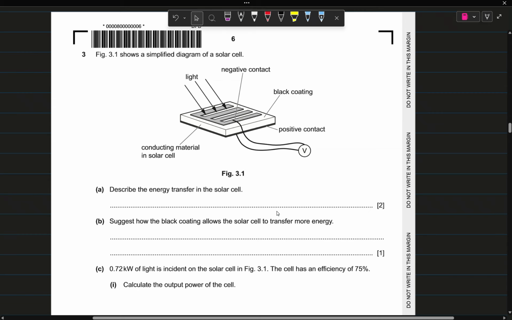Okay, so after all, it takes in solar energy and then it transfers that into electricity. Since it's a 2-mark question, this means that there are 2 points to mention here. Basically we need to mention from where to where the cell converts energy.